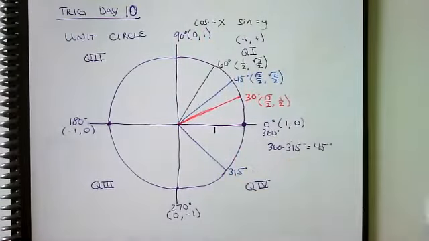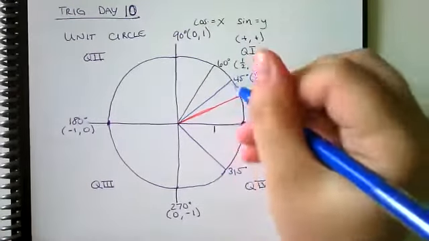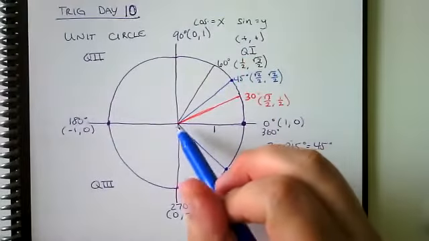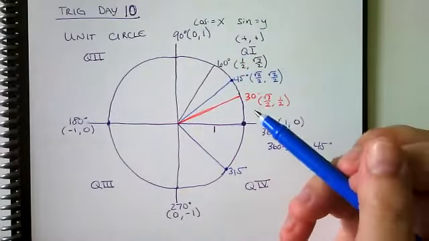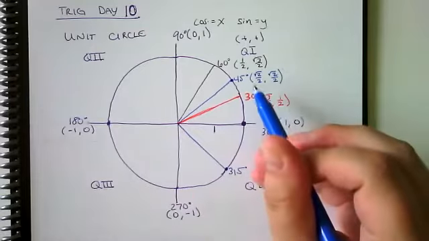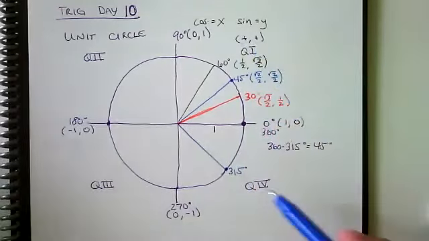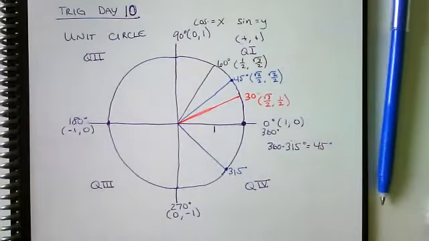Okay, so let's think about what's different from the first quadrant to the fourth quadrant. If I have the point like 2, 1 up here, that means both my numbers are positive, right? My x value and my y value are both positive. But in the fourth quadrant, let's think about what's positive here.